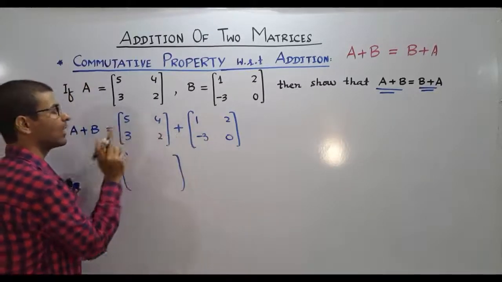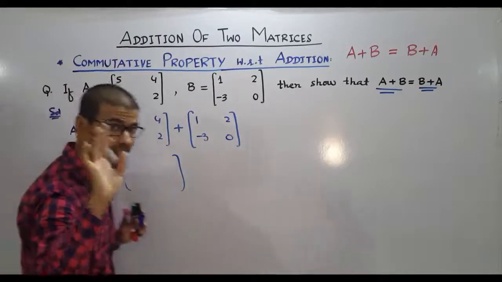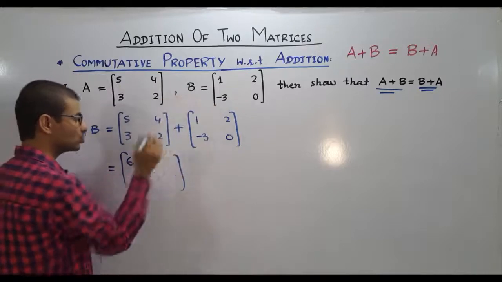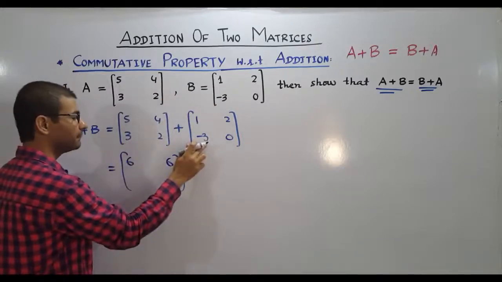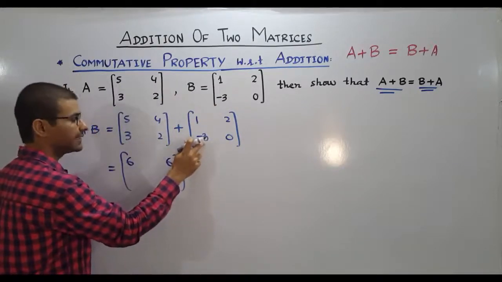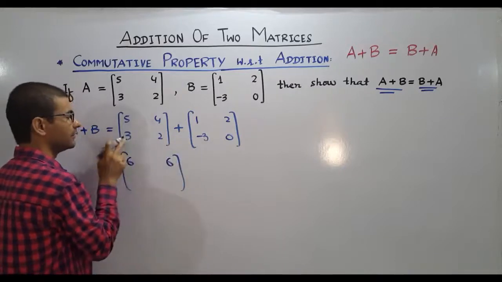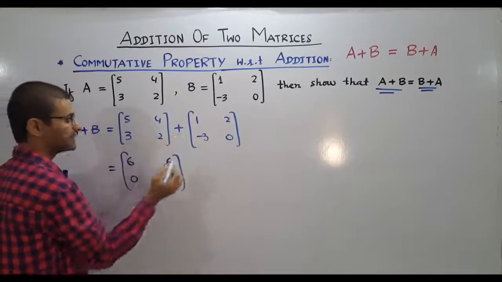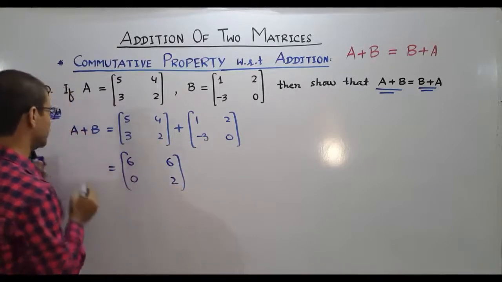Addition is possible. How can we add? We just add their corresponding elements. 5 plus 1, 6. 4 plus 2, 6. 3 plus minus 3. When we add 3 and minus 3, we will get 0. 2 plus 0, answer is 2. So this is A plus B.